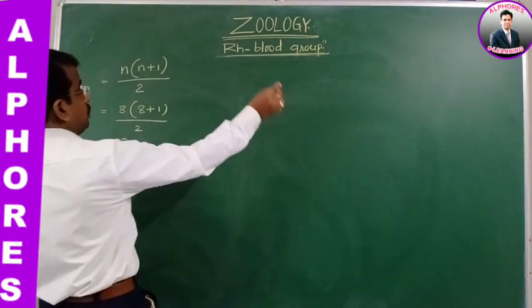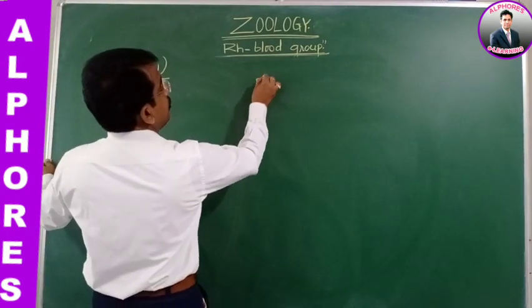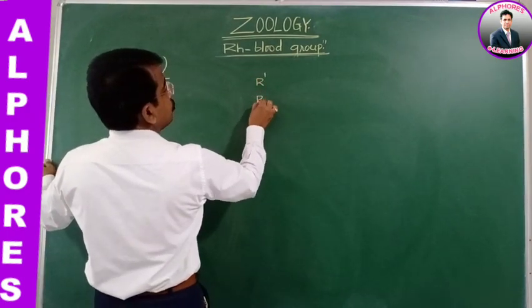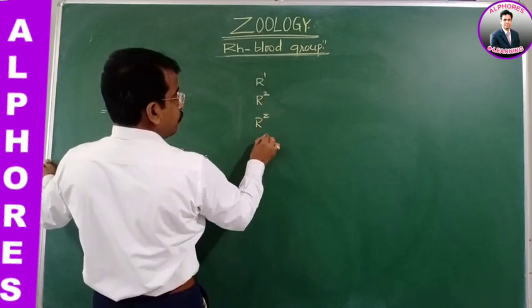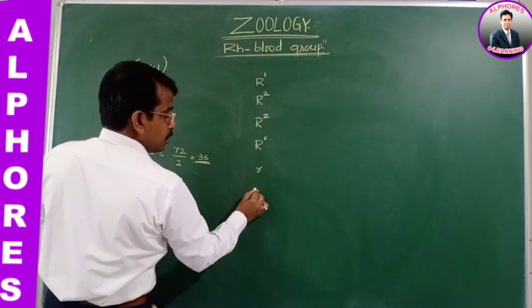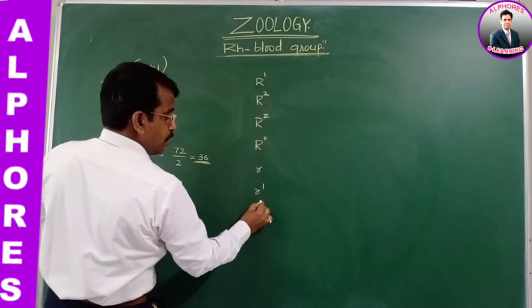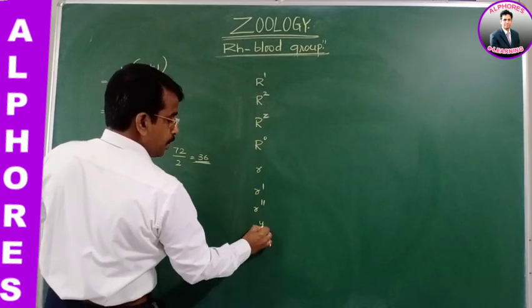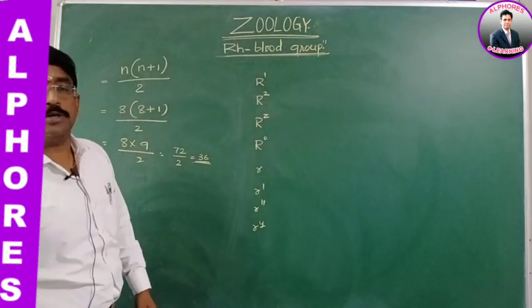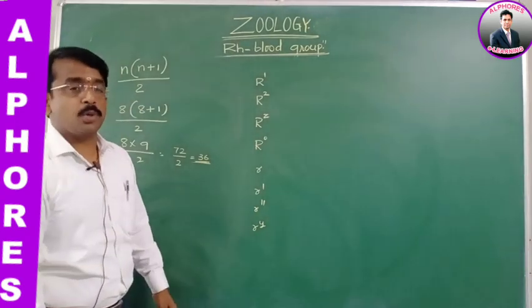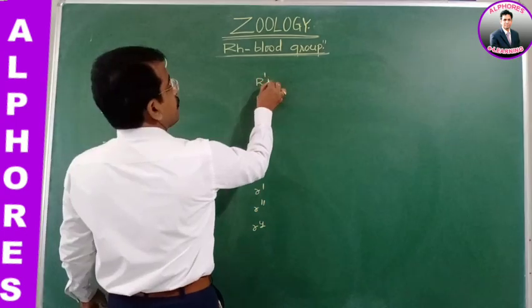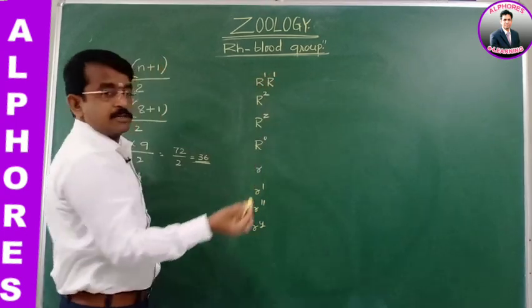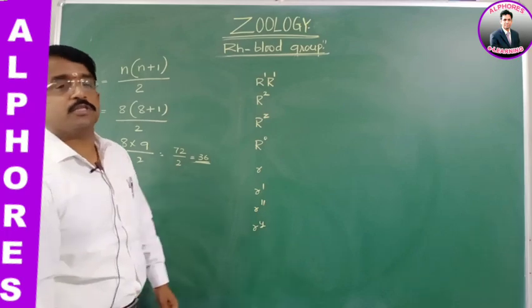Right. So R1, R2, RZ, R0, small r, small r1, small r2, small ry. So how many they become? 8. So total number of genotypes, let's see. Capital R1, a condition exists. Each gene is with the 2 alleles.